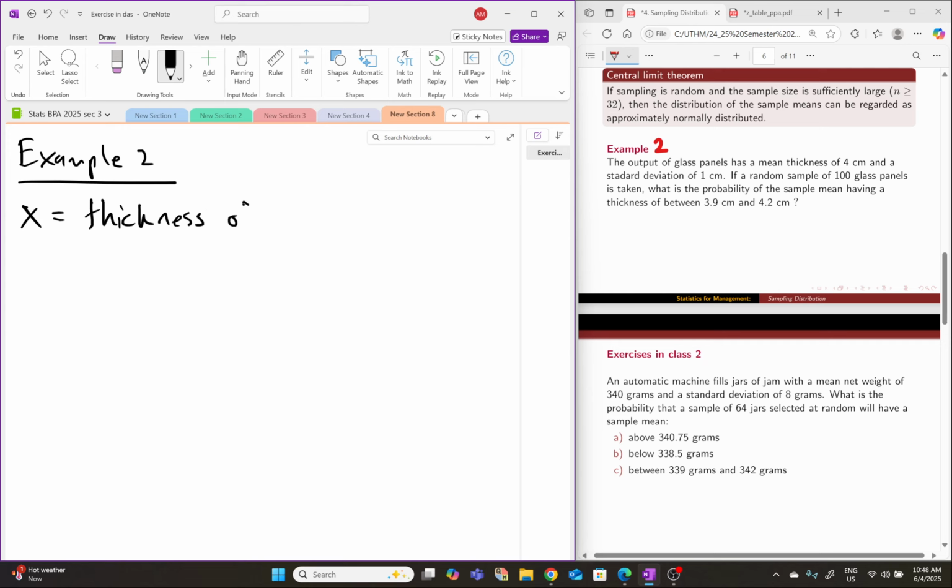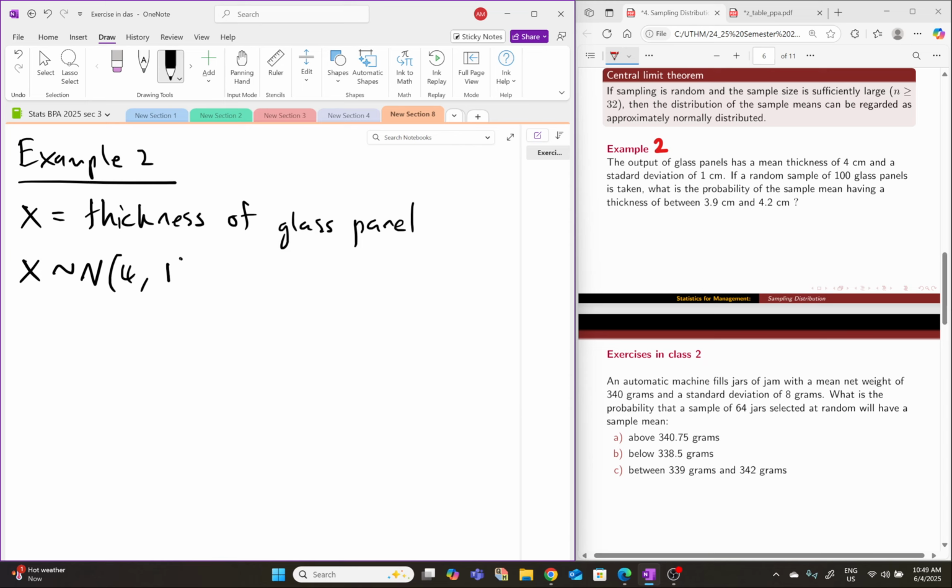X is thickness of glass panel. X is normally distributed sebab N adalah 100, more than 30 ya. What is the mean here? 4. Standard deviation adalah 1.